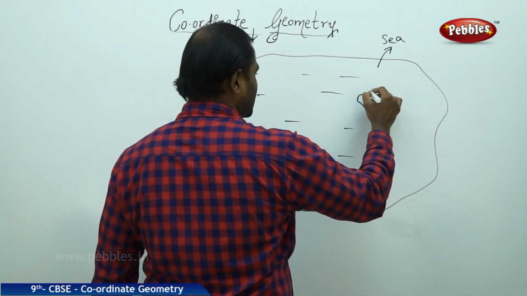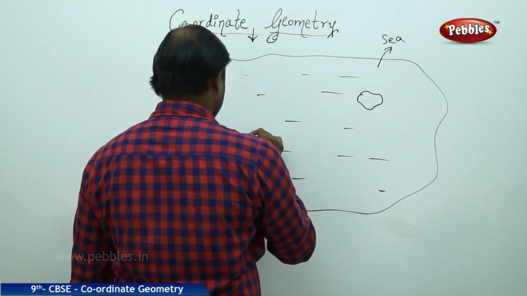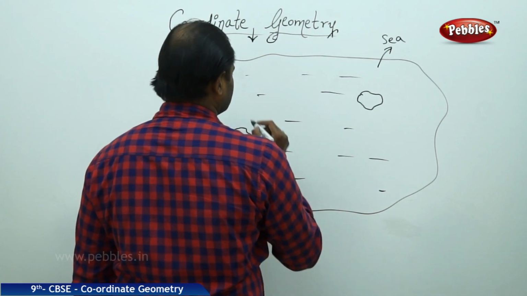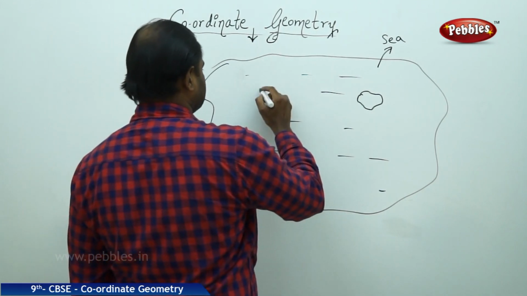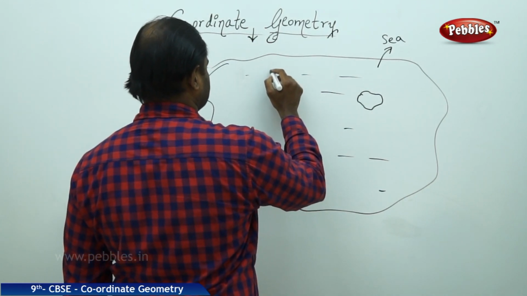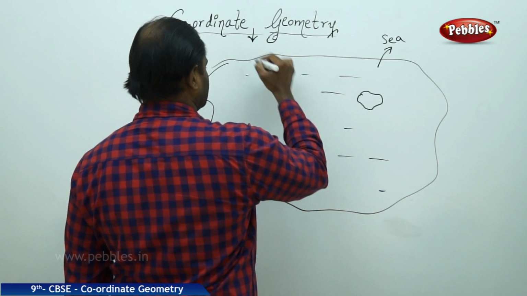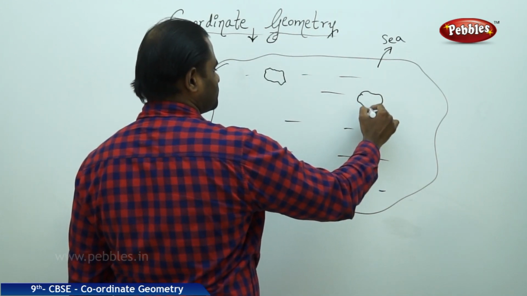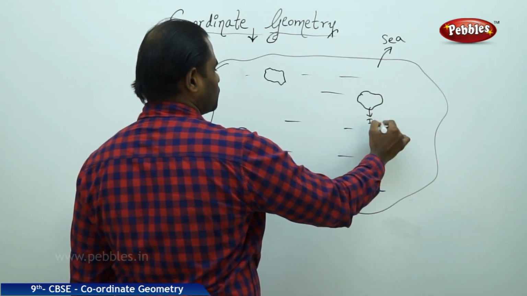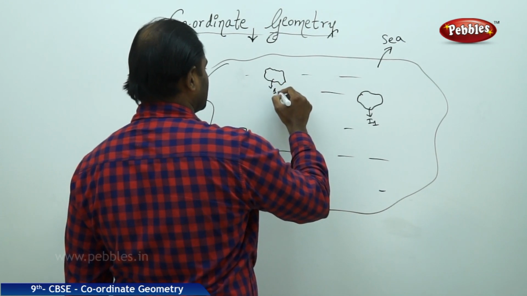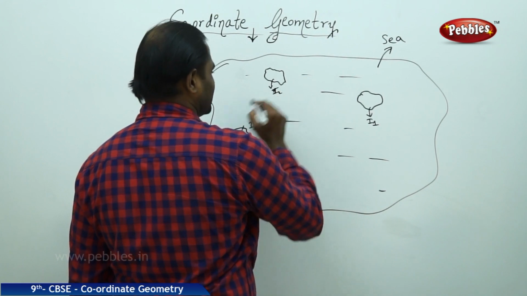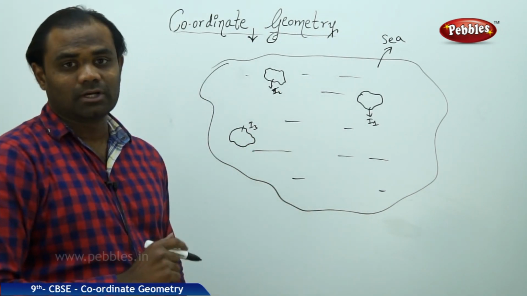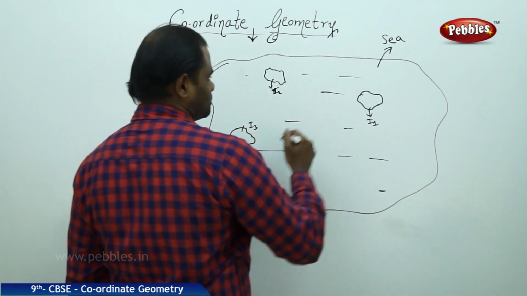So here is one island and here is another island, and then here is one. So this is island 1, this is island 2, island 3, is how we understand the concept.